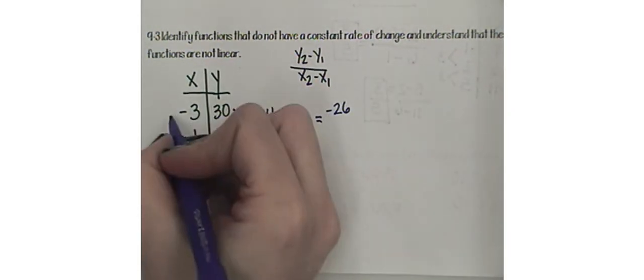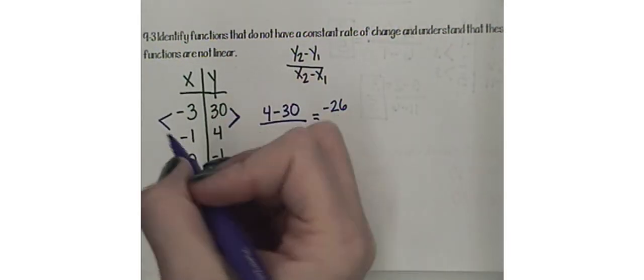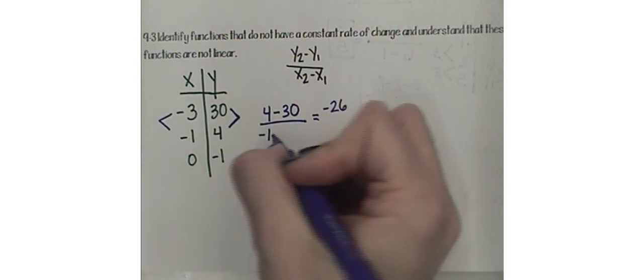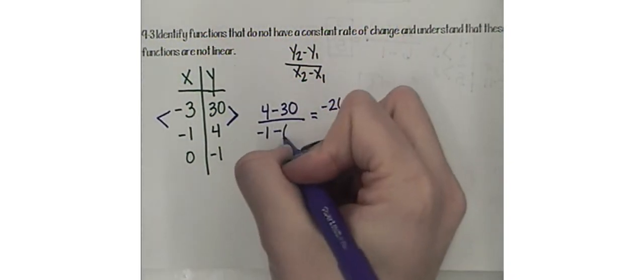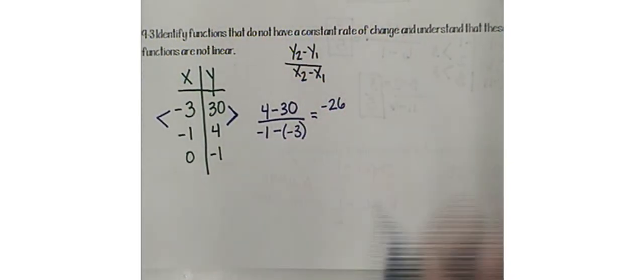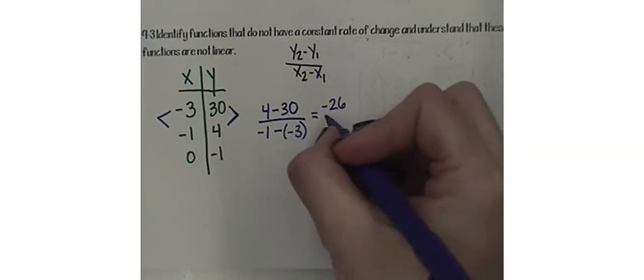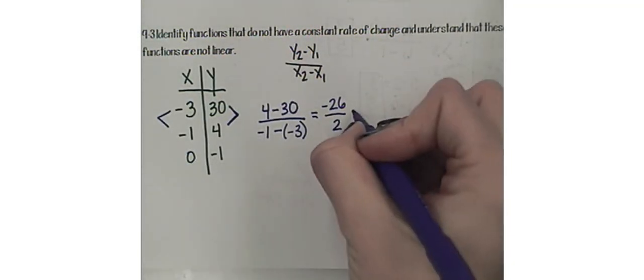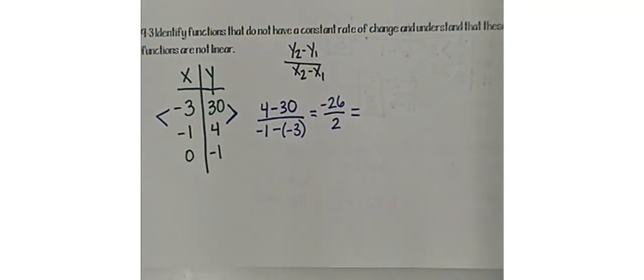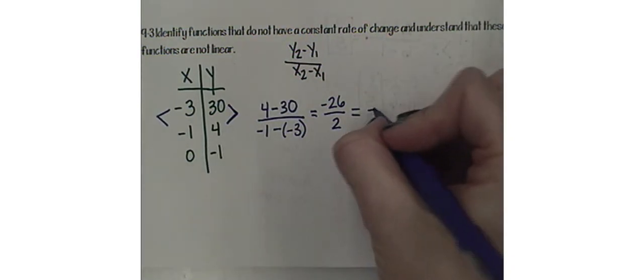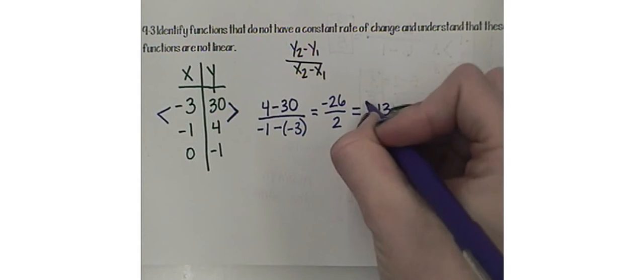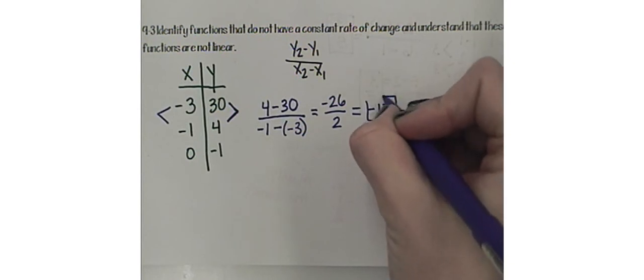And then we're going to do these two. The second x, so negative 1 minus a negative 3. So it would be negative 1 plus 3, which gives me 2. Does this simplify or reduce? Negative 26 divided by 2 is negative 13. So this is our first slope or rate of change.